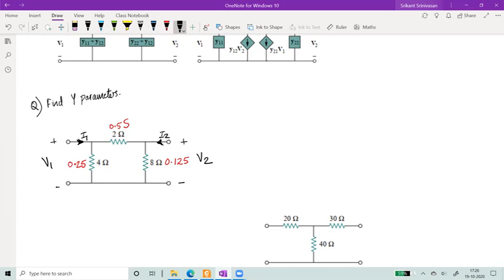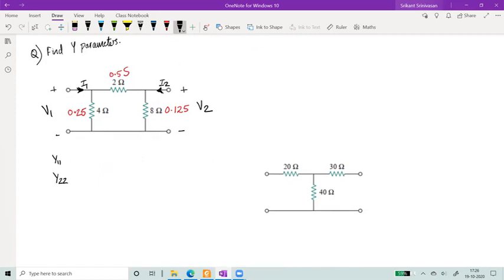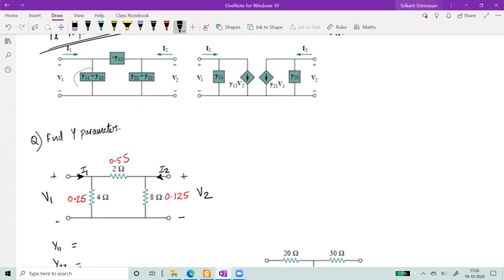So now I want to find out what is Y11, Y22, Y12. What is Y12? It's minus 0.5 Siemens. What is Y11? We said that from the above network, this is Y11 plus Y12.